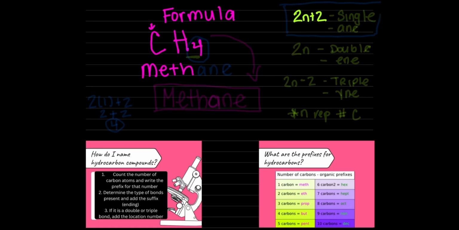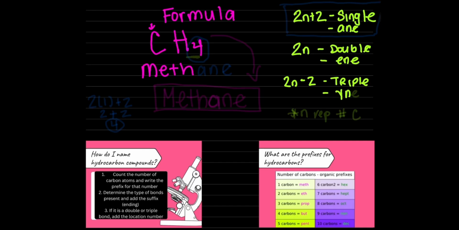If you use this formula, that means you have a single bond, and you're going to use the suffix ane. If you use 2n, that means you have a double bond, and you're going to use the suffix ene. And if you use the formula 2n minus 2, that means you have a triple bond, and you're going to use the suffix yne.